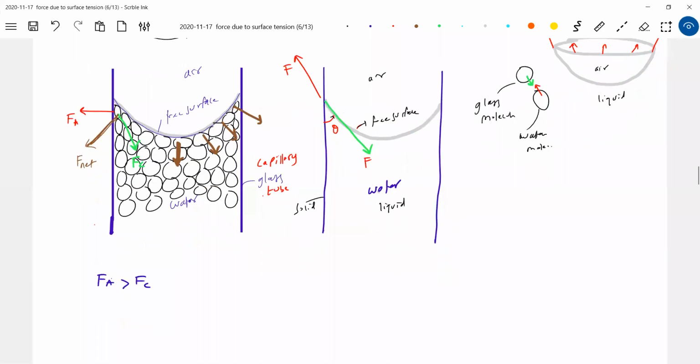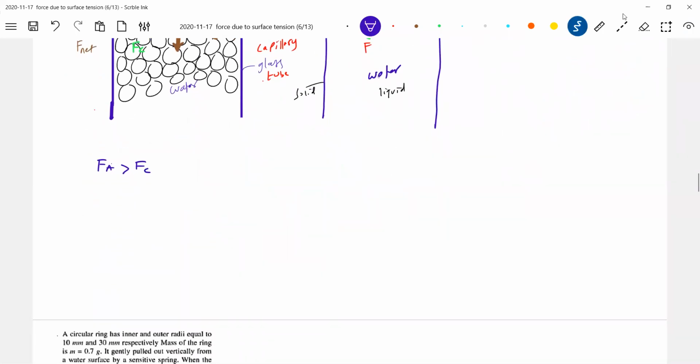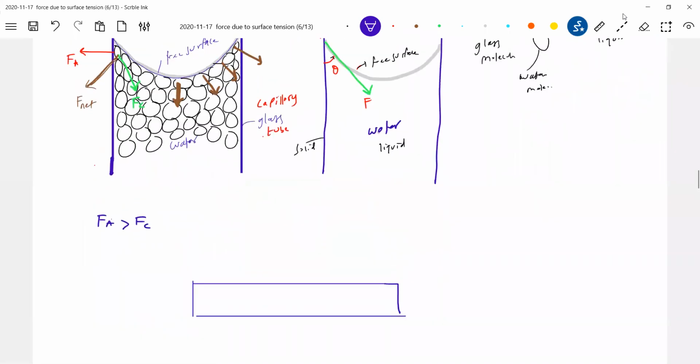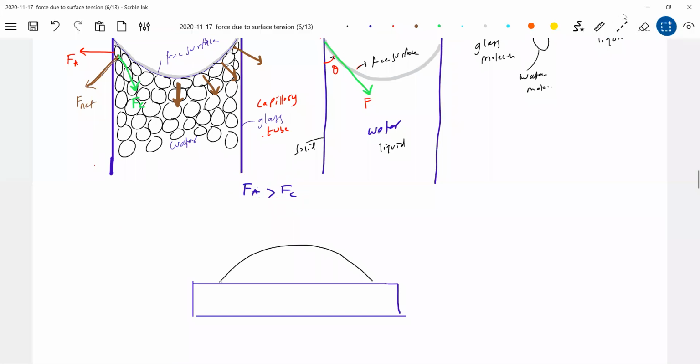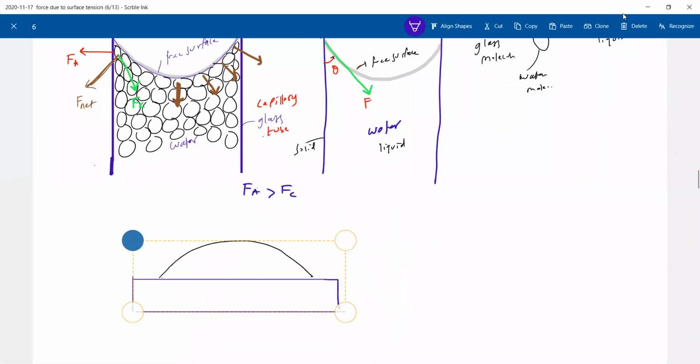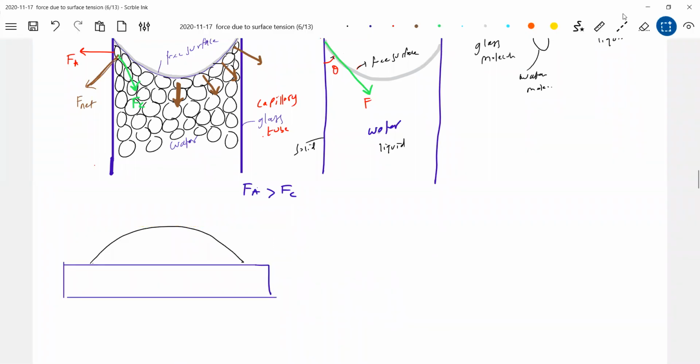And now the same thing if I place a water drop on a glass surface, how will the water drop align? The water drop will align like this. The central idea is that adhesive force will dominate over cohesive force. And now if I show the molecules, they will be like this.